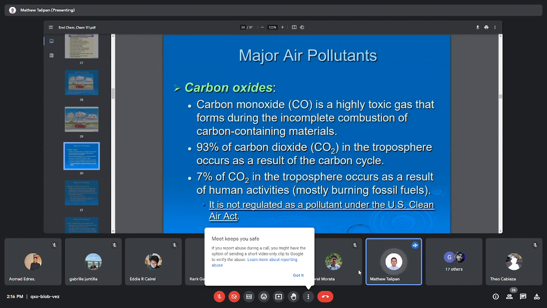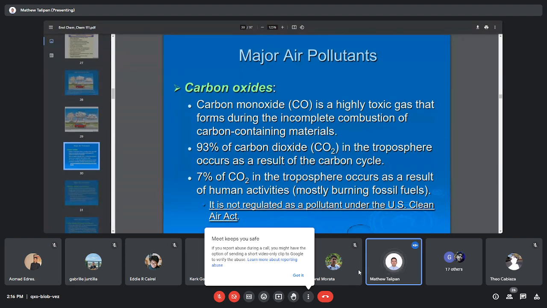If you inhale gases like carbon monoxide, which is an odorless and tasteless gas, this is produced from incomplete combustion of engines that run on fossil fuels, let's say diesel or gasoline. There are incomplete combustion byproducts, and one of them is carbon monoxide.